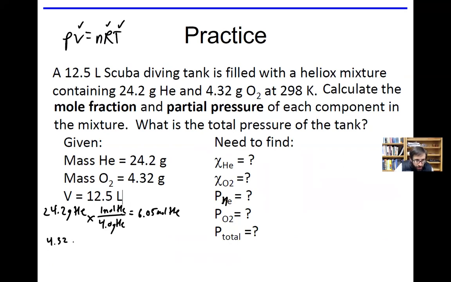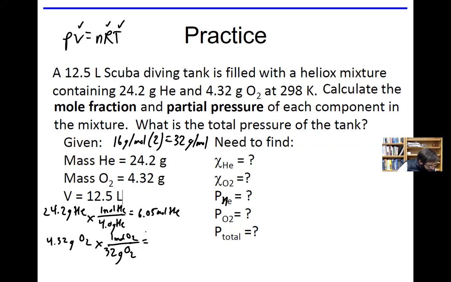There's 4.32 grams of oxygen. If we look up oxygen, it's 16 grams per mole, but we have 2 oxygens, O2. So the molecular weight of oxygen is going to be 32 grams per mole. So 32 grams of oxygen for every 1 mole of oxygen.